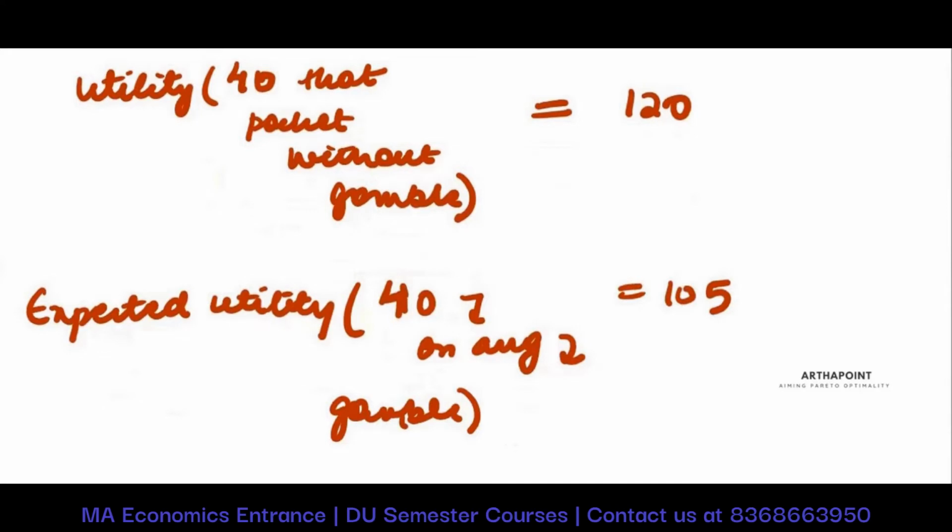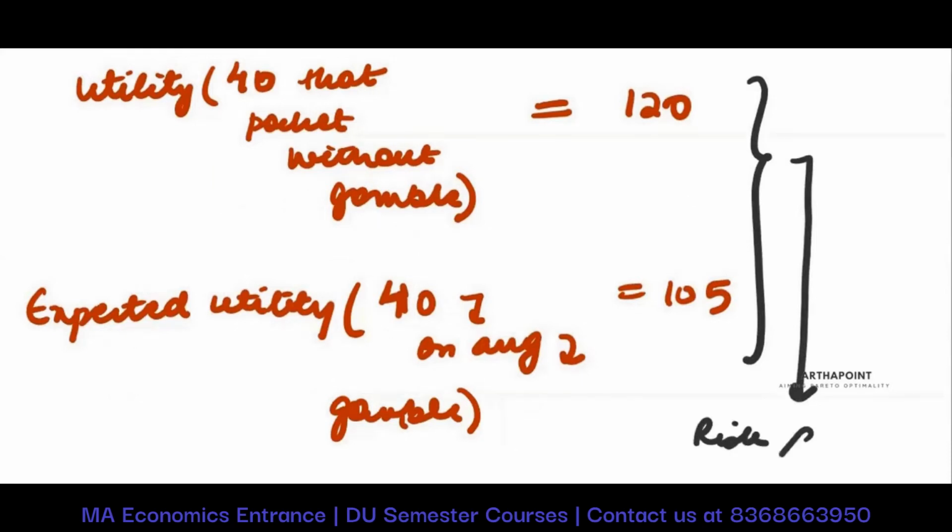This is happening for a risk-averse individual. So he is getting more utility by not playing the gamble. He is becoming better off by not playing the gamble.